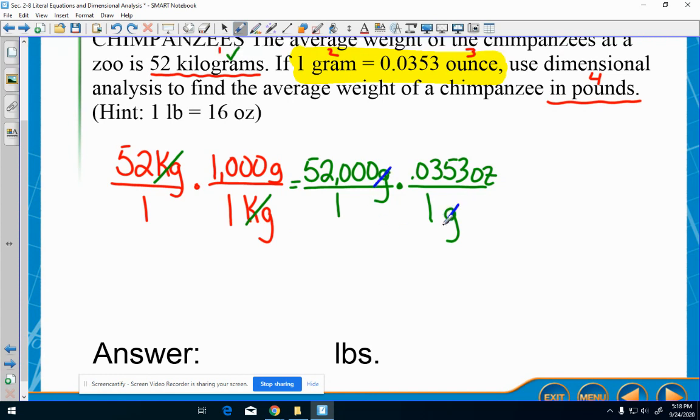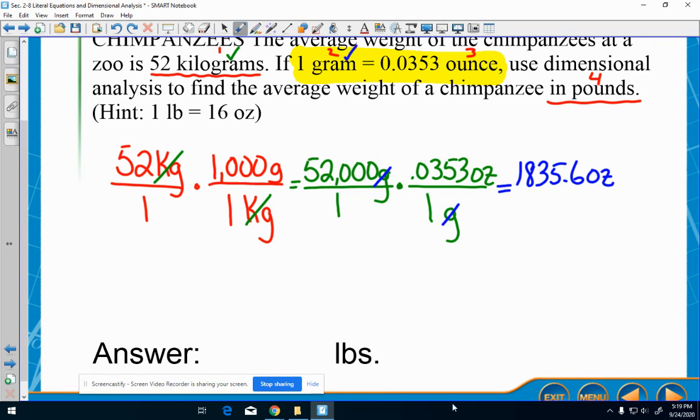That will allow the grams to cancel, giving me a new answer of 1,835.6 ounces. So now I've gone from grams to ounces.